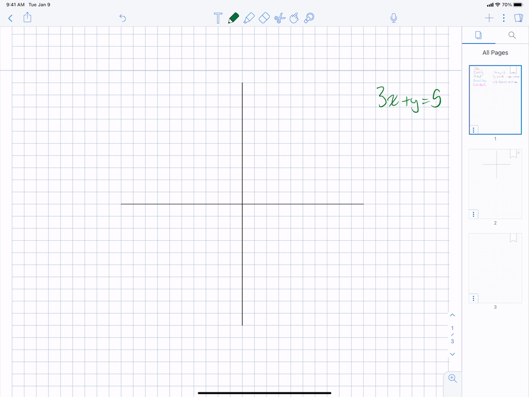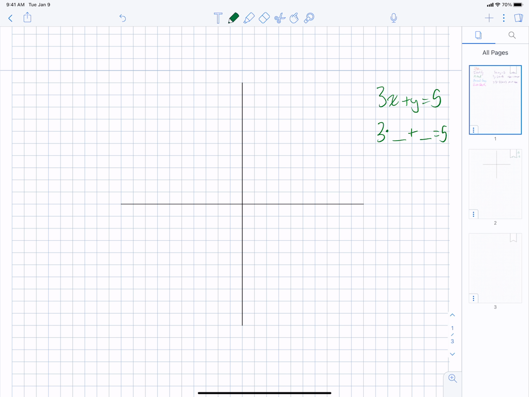So your goal is to find numbers that you could plug in for x and y that create a true equation. The easiest way to do this is to rewrite your equation without the variables, to actually put physical blanks in for each of those variables. So I've put 3 times blank instead of 3x, plus blank instead of plus y, equals 5.